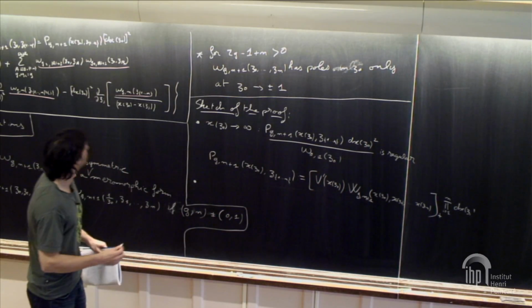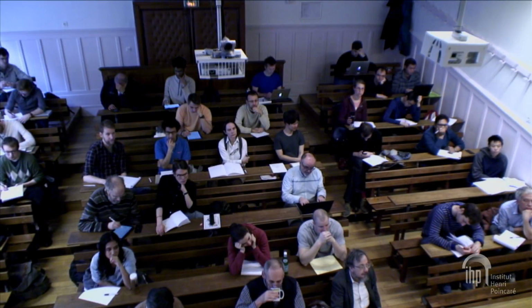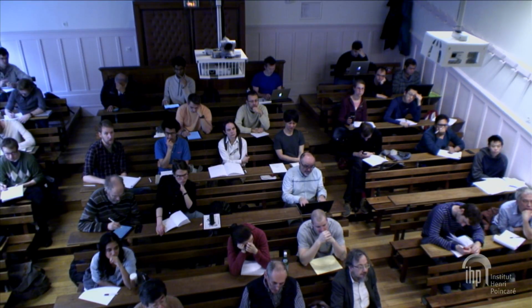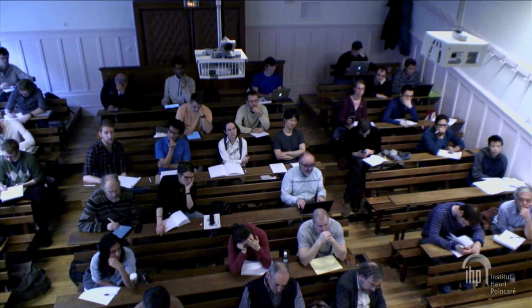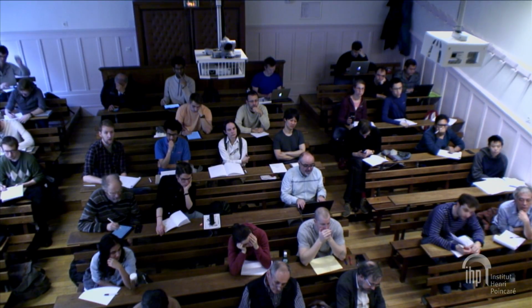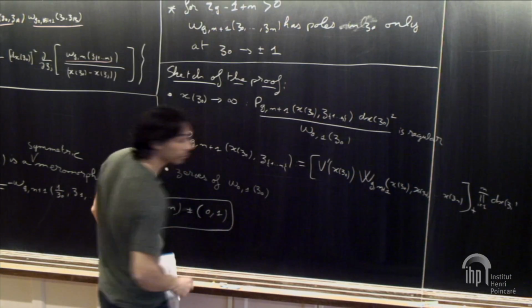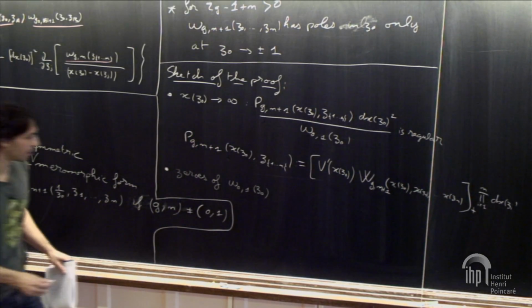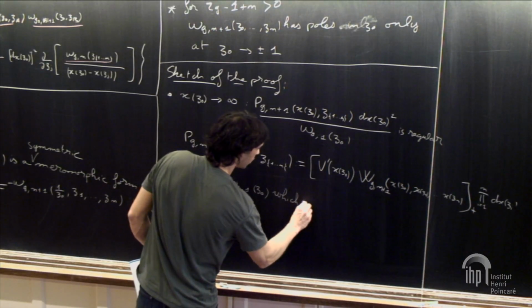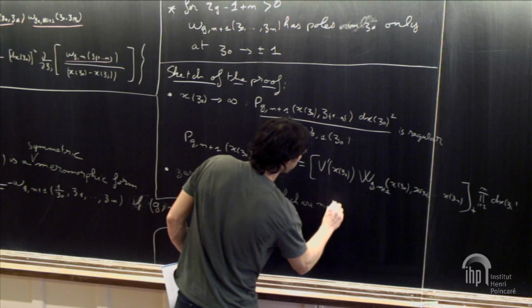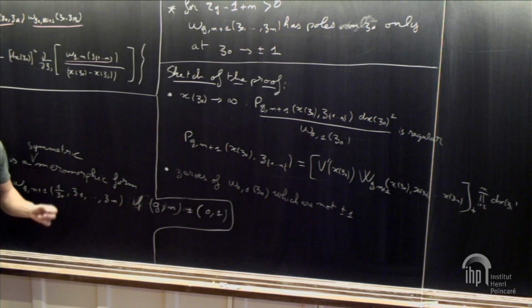Okay, now, since I divide by omega 0,1 of c0, I can wonder what happens for the zeros of omega 0,1 of c0, which are not plus or minus 1.